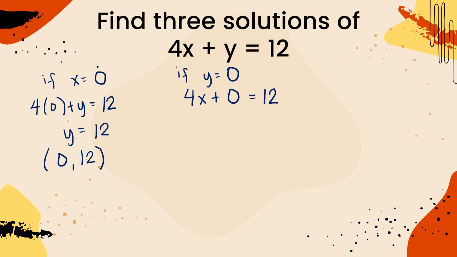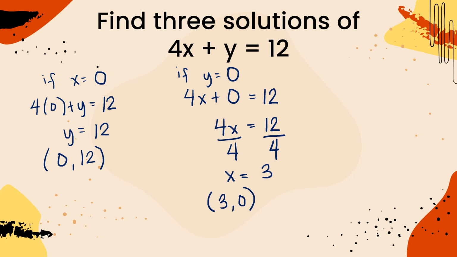Then 4x plus 0 will give us 4x is equal to 12. Since we have a numerical coefficient for x, we apply the MPE, or we simply divide both sides of the equation by 4. So x is equal to 3. So what is the solution now? We have 3, 0.